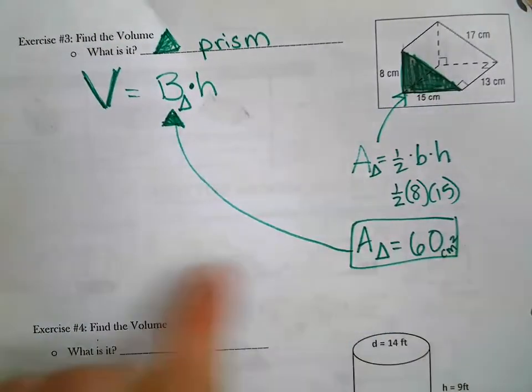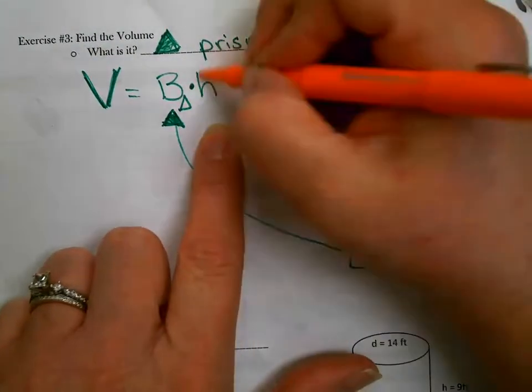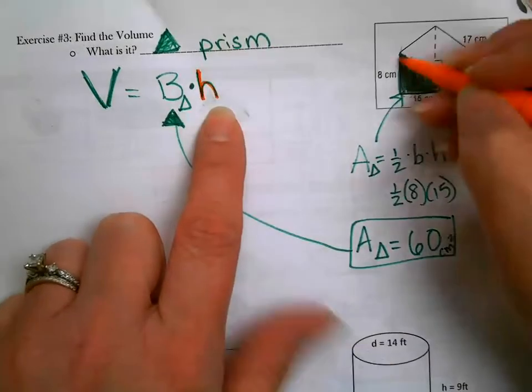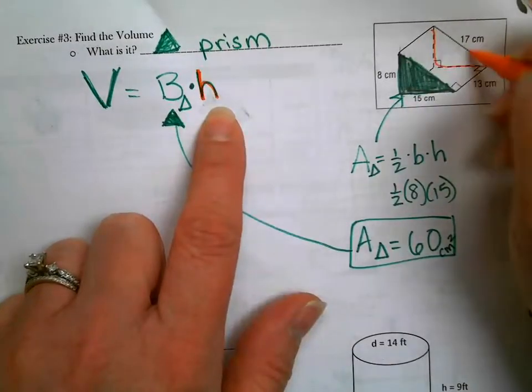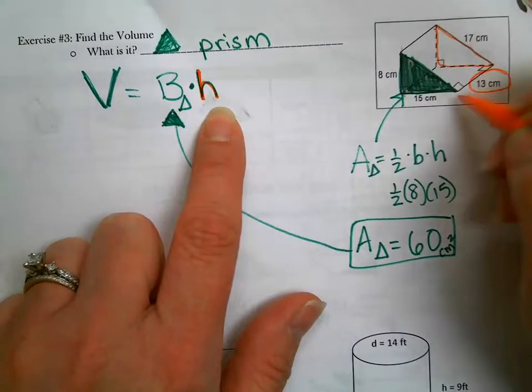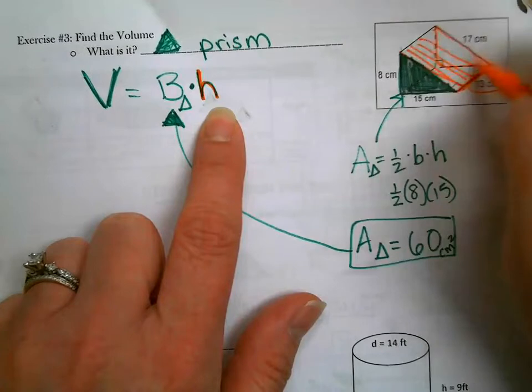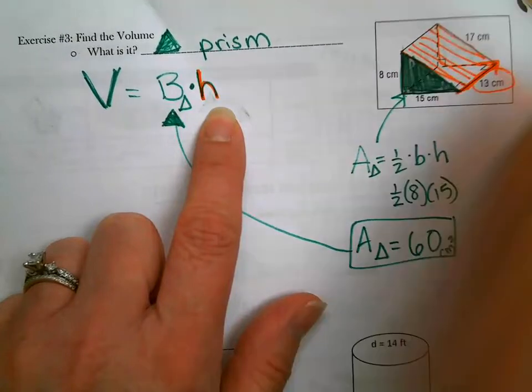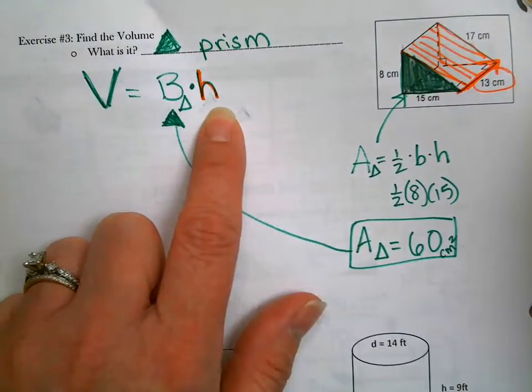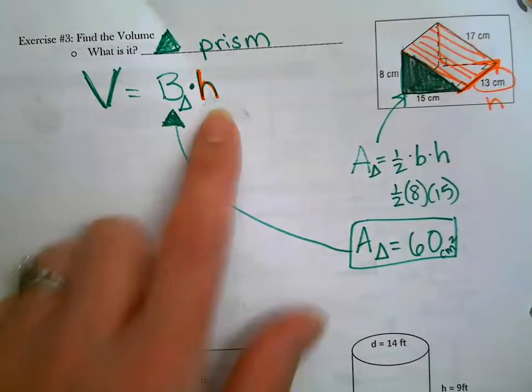Now the next piece is to decide where my height is. So the height, again, is the distance from this base to the one back here. So the 13 is going to be how far that triangle is from the front of the shape to the back of the shape. So the 13 is our height.